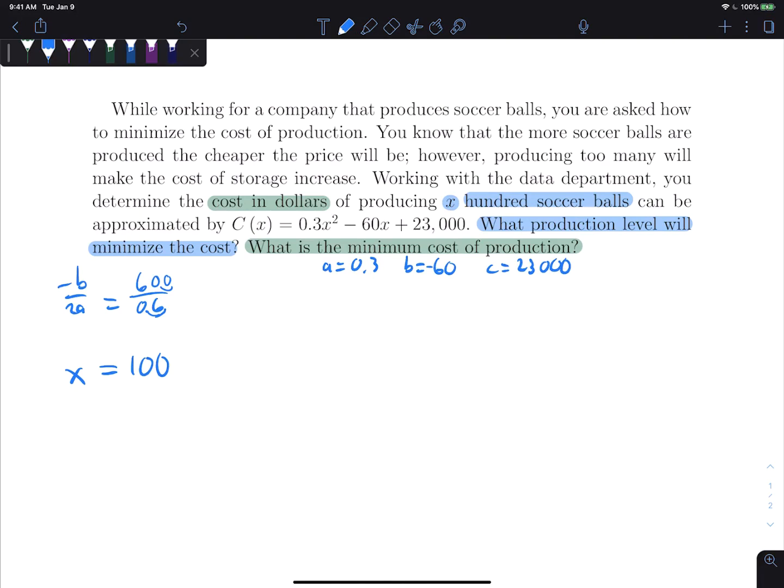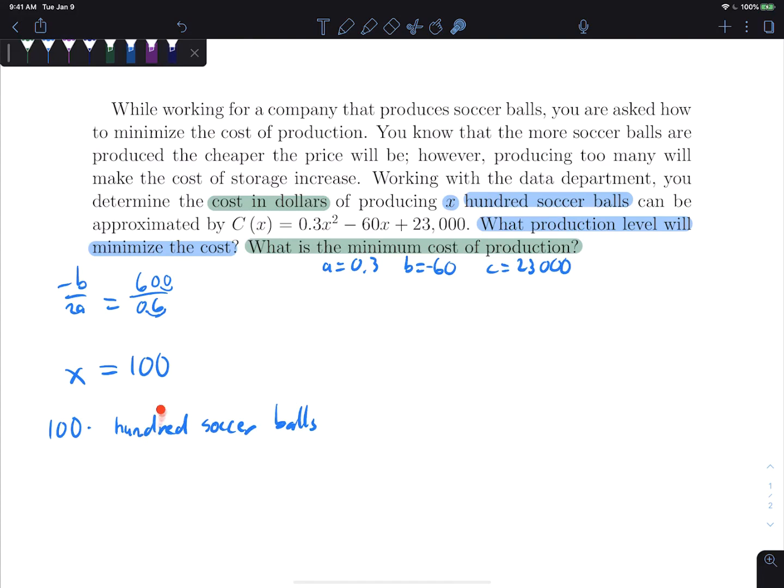But notice that this is 100 and the units are hundreds of soccer balls. This just means 100 times whatever this is.